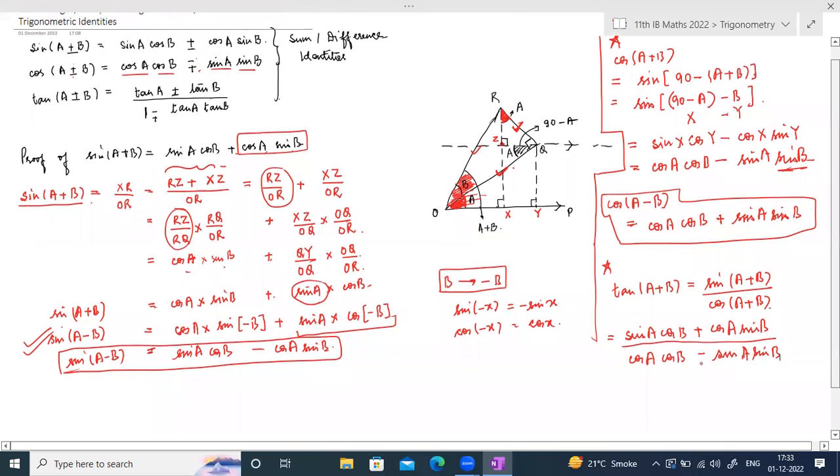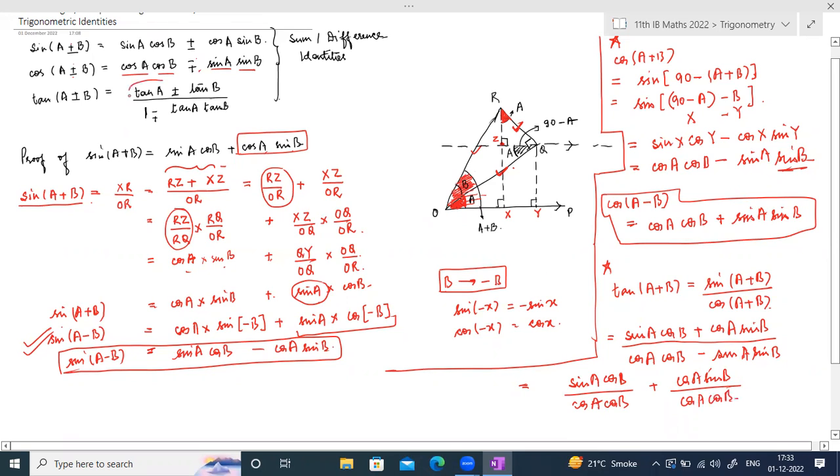Now, let's divide the numerator and denominator by cos A cos B. Sin A cos B upon cos A cos B plus cos A sin B upon cos A cos B. But why do we want to divide by cos A cos B?